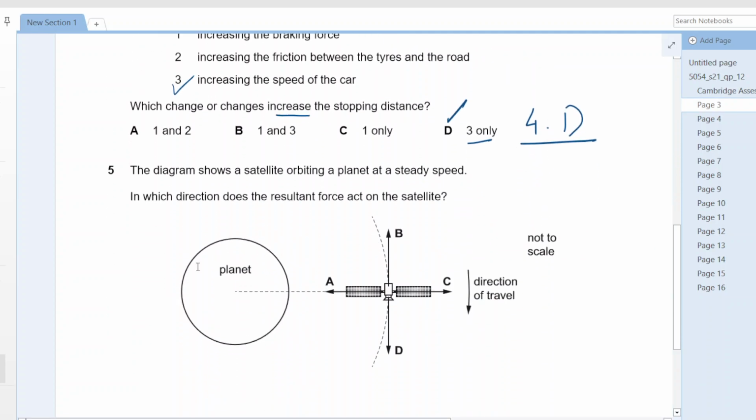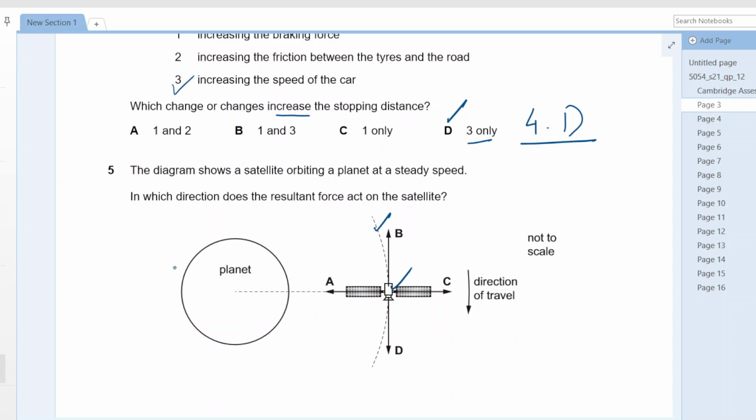Now, question 5. The diagram shows a satellite orbiting a planet at steady speed. In which direction does the resultant force act on the satellite? You see, this is the satellite, and its path is shown by the dotted line.